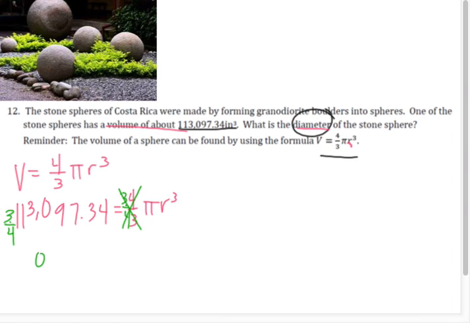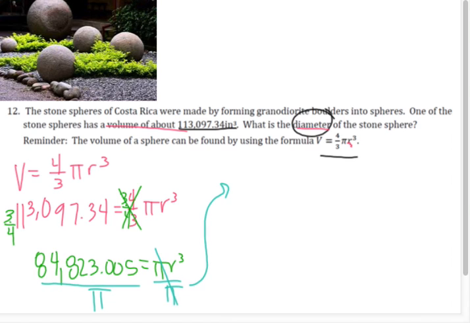That's going to give me 84,823.005 equals pi r cubed. Divide by pi. So r cubed is equal to 84,823.005 all over pi. And then we take the cubed root on both sides.